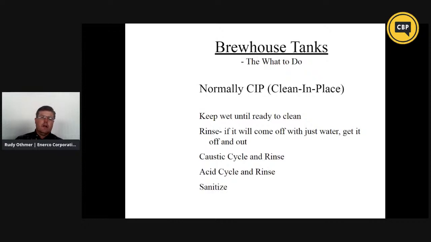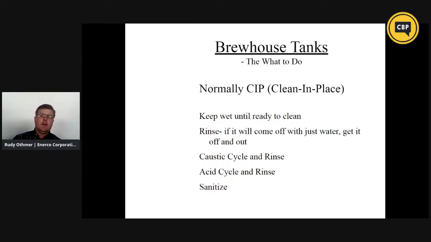We're going to want to rinse everything out that we can rinse out. And then typically our alkaline caustic cycle and rinse. Here again, normally that caustic cycle is fairly long, 30 to 40 minutes.